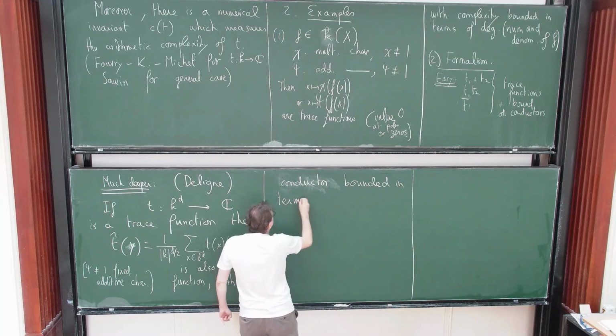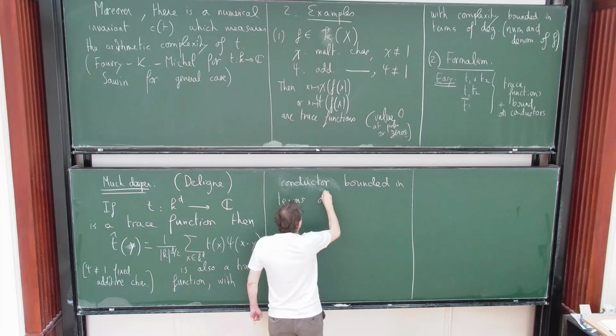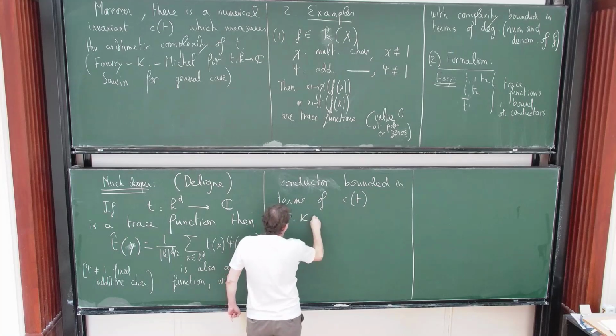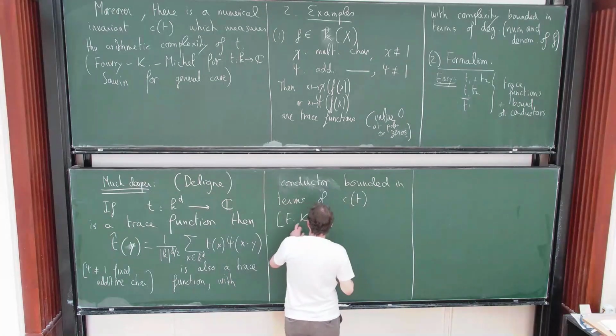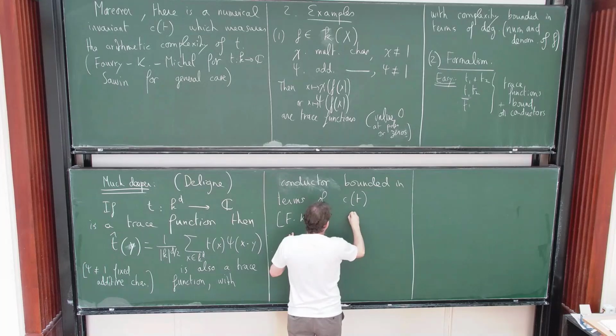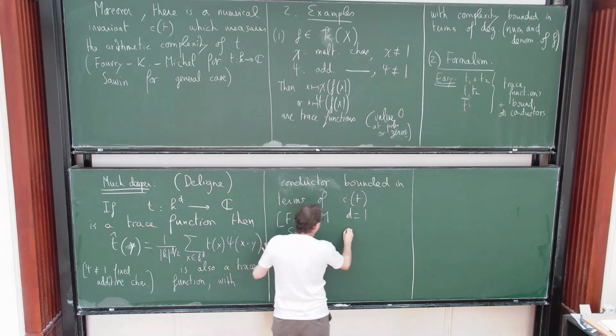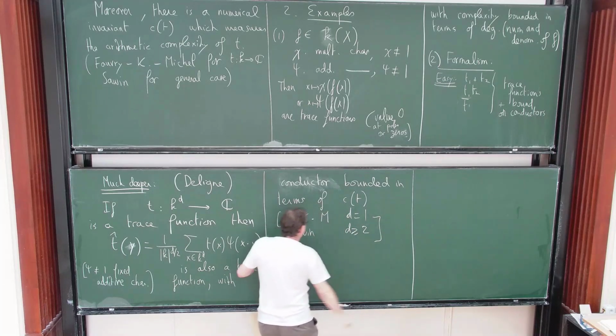In fact, linearly, if you define the conductor correctly. So this was observed by Fouvry, Kowalski and Michel for d equals 1, and it follows from the definition of Sawin in the general case.